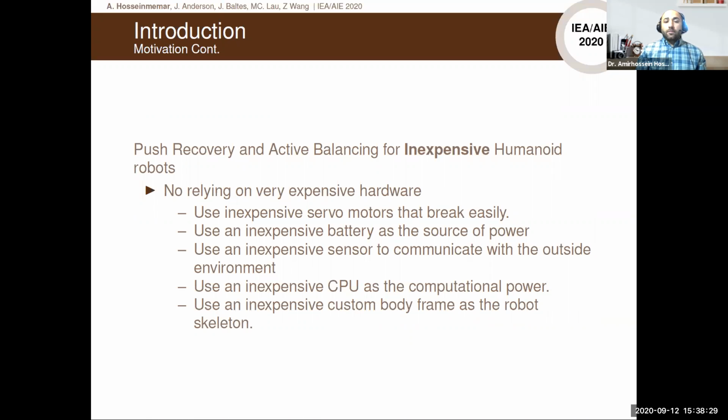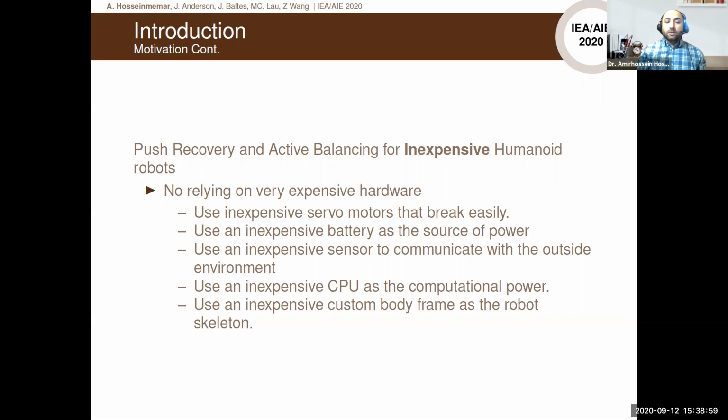Push recovery and active balancing for an inexpensive humanoid robot is what we are focused on. I would like to emphasize that the term inexpensive is very important for us. What do we mean by inexpensive humanoid robots? This means that the robot does not rely on very expensive hardware.